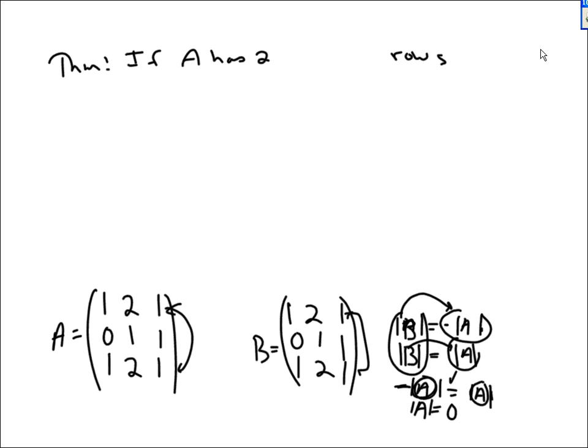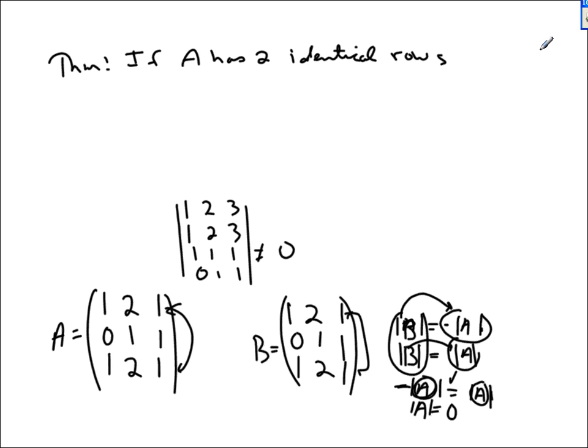So I can't give you a 4 by 3 matrix, 1, 2, 3, 1, 2, 3, 1, 1, 1, 0, 1, 1, and you tell me, oh, the determinant of this is 0. No. It has to be a square matrix. If A has 2 identical rows, then the determinant of A is 0.